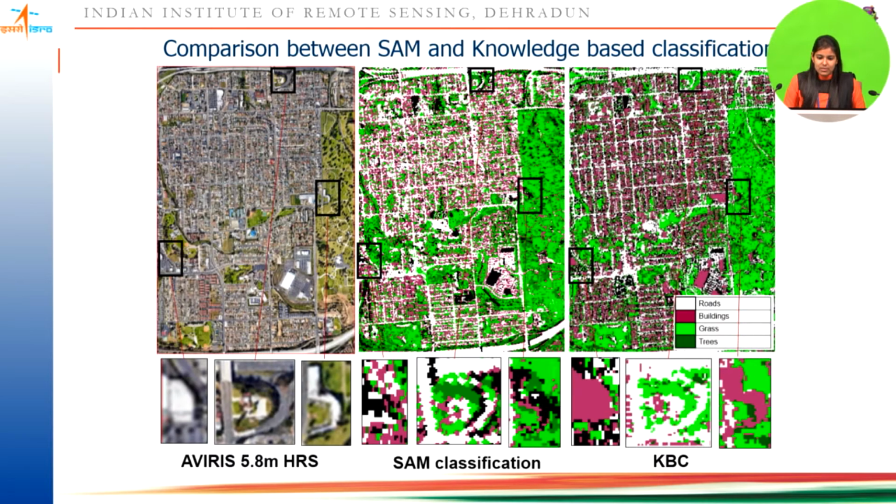This slide represents the comparison of SAM and knowledge-based classification. The first image shows the HRS image. The second is the SAM classification, and third is the knowledge-based classification. Below we have the classification results in zoomed image, and we can see that the knowledge-based classification has given the best results.